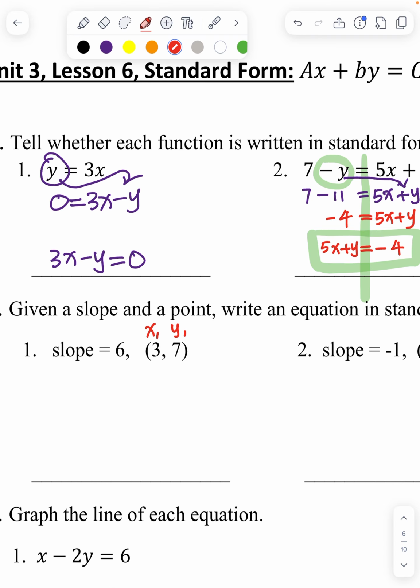Remember, the formula is y minus y1 equal to slope times x minus x1. Follow the formula. So y minus 7, slope is 6, so x minus 3. So now y minus 7 equal to 6x minus 18.